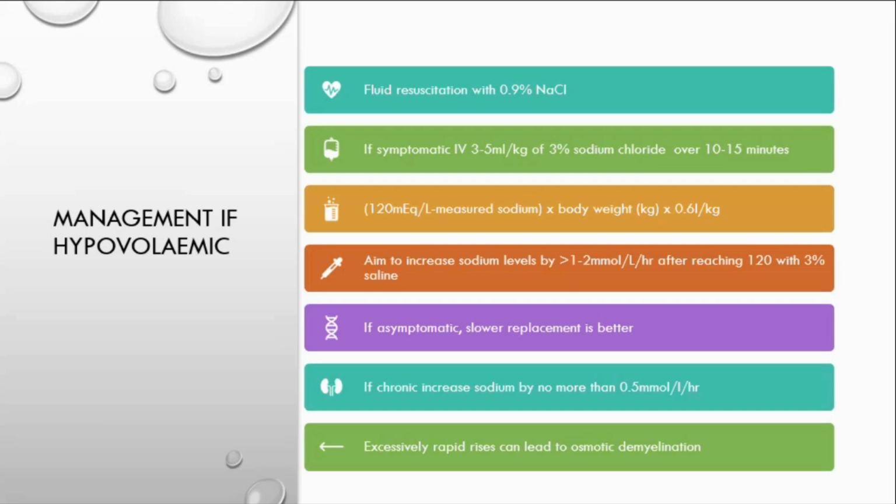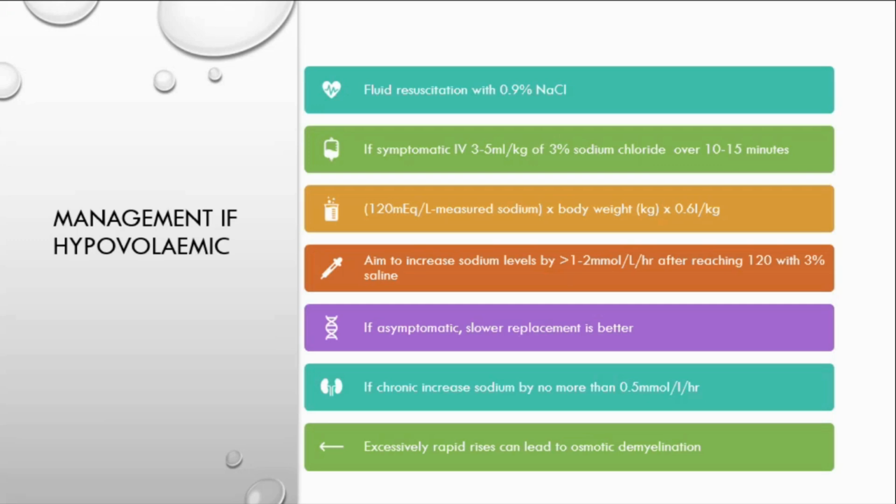And then the goal is to correct the sodium to about 120. Then you can go very slowly after that. But the initial goal is to correct it to about 120. And so that's why that formula uses 120 minus the measured sodium times the body weight times 0.6 to get your sodium deficit. And then you can correct that.